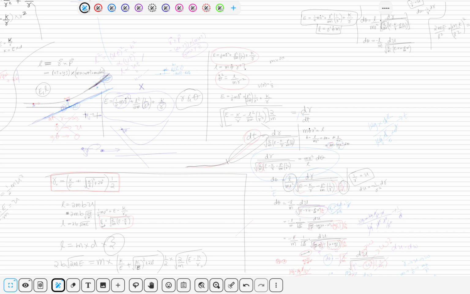What can be done? So nothing is being found.